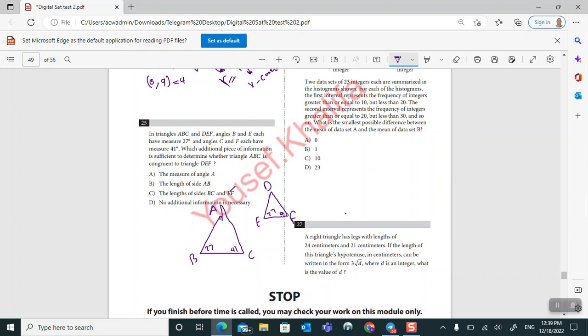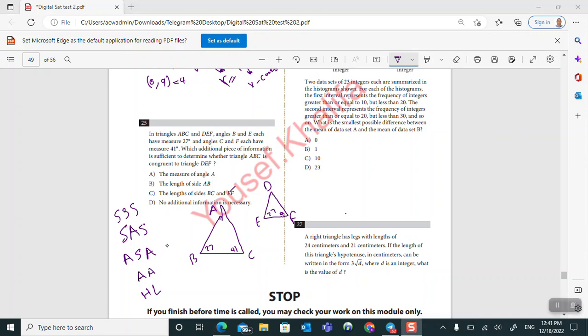In order to have two congruent triangles, you must be familiar with the conditions of congruence. So we have SAS, SSS, ASA, AAS, and HL.